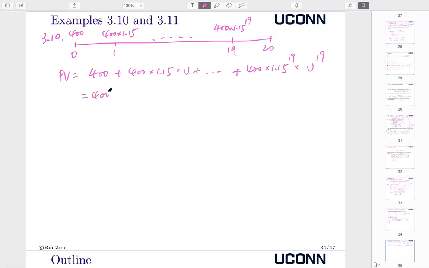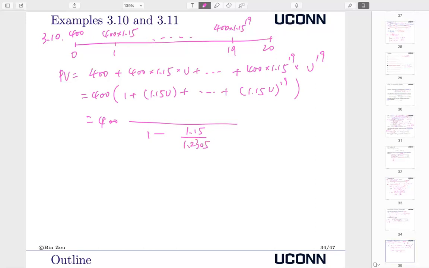So let's factor out 400 and put things inside. What do we have? Inside the big round bracket is obviously the partial sum of a geometric sequence. 1 minus, the interest rate is 23.05, 1 minus the first term is 1, so I skip it, to the 20th.